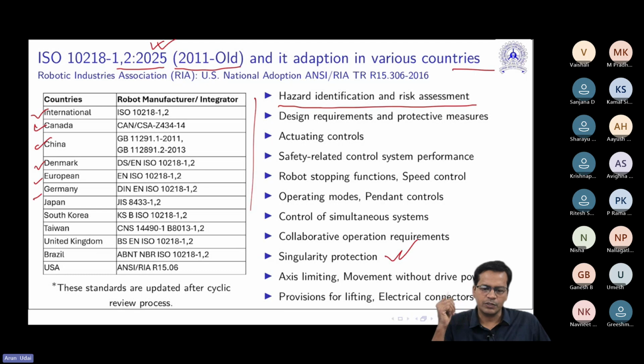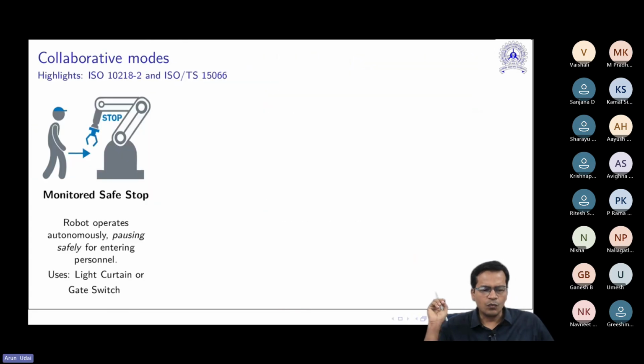If you are into robotics, maybe you will learn it very soon, or maybe you have studied it already. Access limiting, movement without power drive. Without power, in case of power failure, what could happen? And provisions for lifting, electrical connectors and all. So all these are covered in various chapters of ISO 10218, and they all have equivalent guidelines in various adaptations across countries.